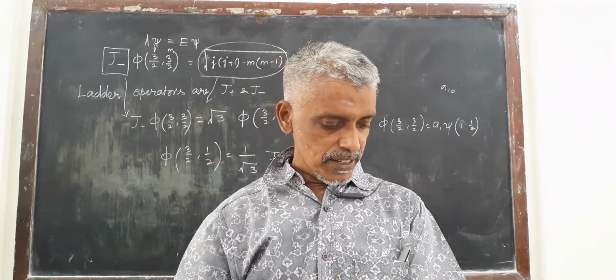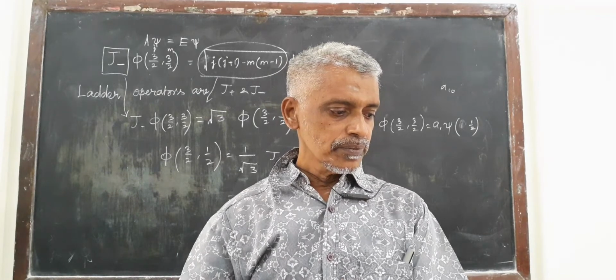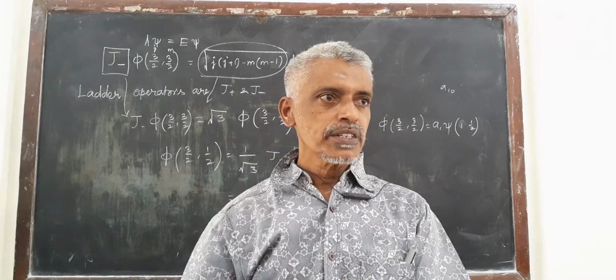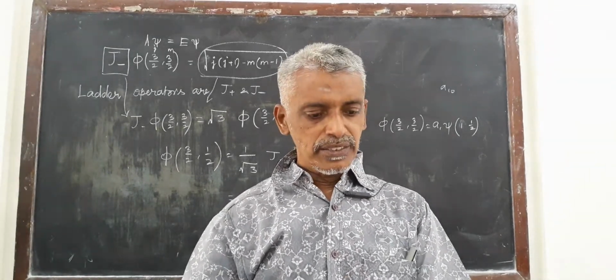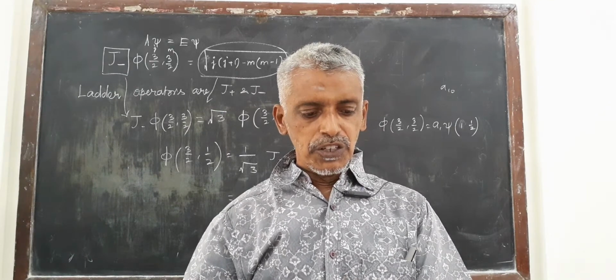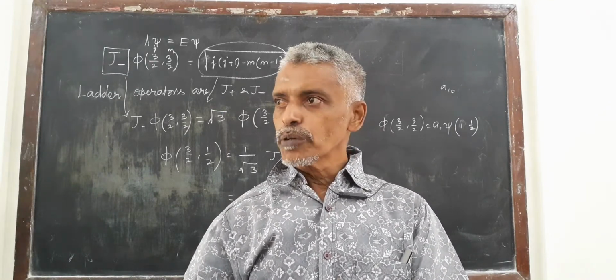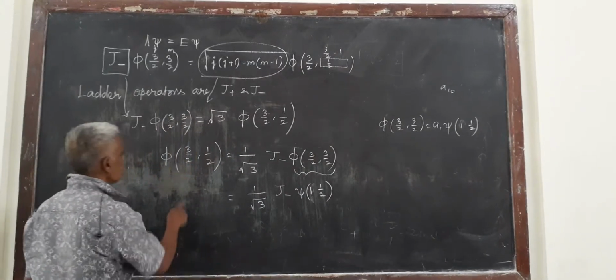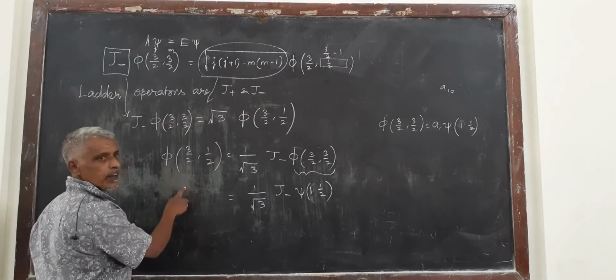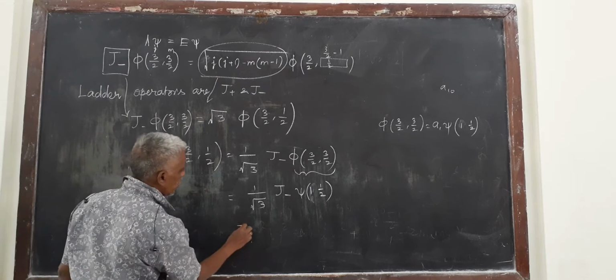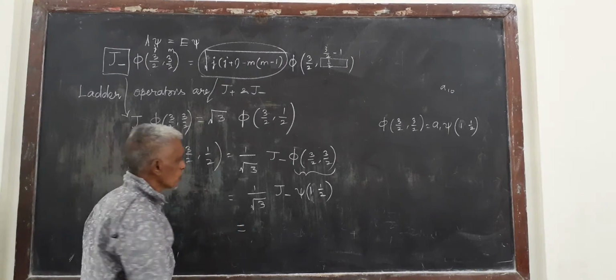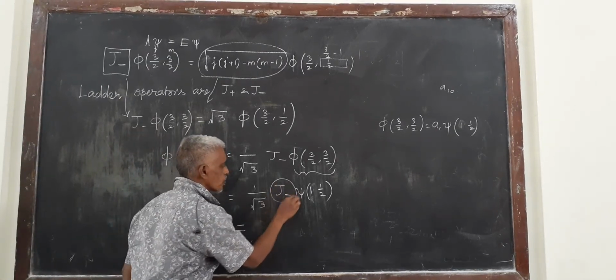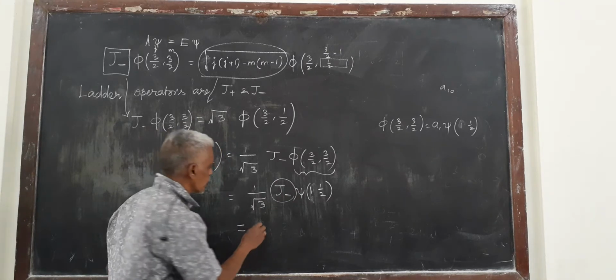Second equation is psi of 3 by 2, 1 by 2. So is it there now? Now you have to go on expanding this. So now you have to operate this.